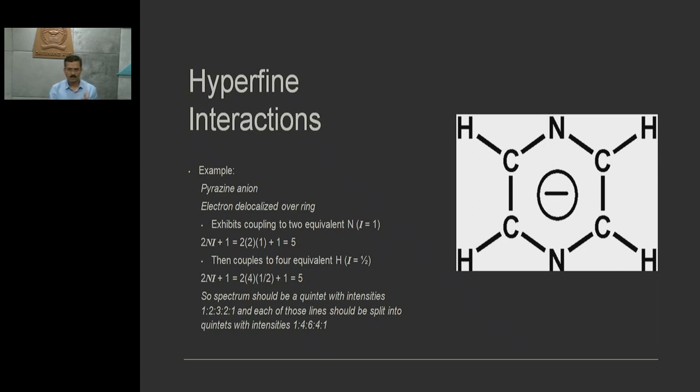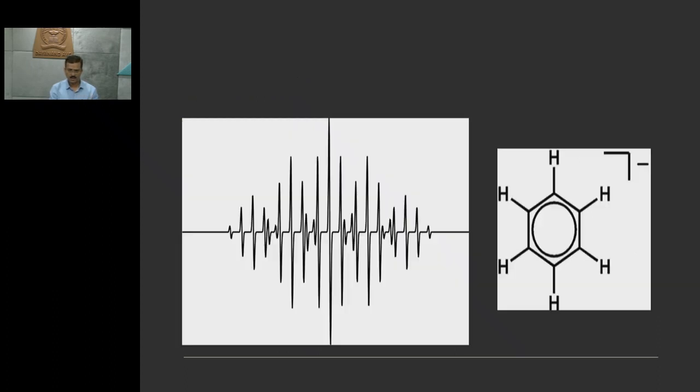So 2nI plus 1, where n is 4 hydrogens and I is 1/2, gives 5. So we get a quintet intensity from the pyrazine anion. This is how we get the signals for this one.